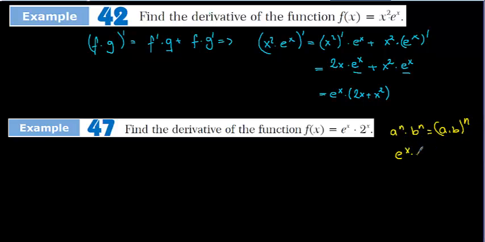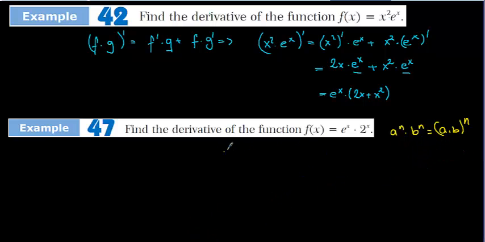So e to the power of x times 2 to the power of x is equal to (2e) to the power of x also. It can be, but here instead of this one, I'm going to use the multiplication rule.